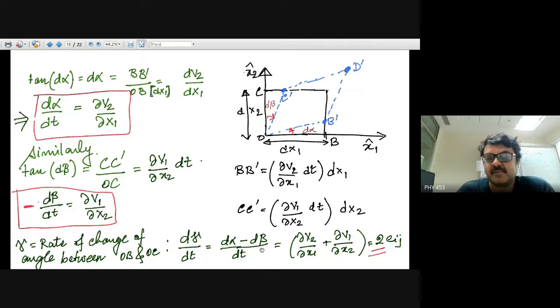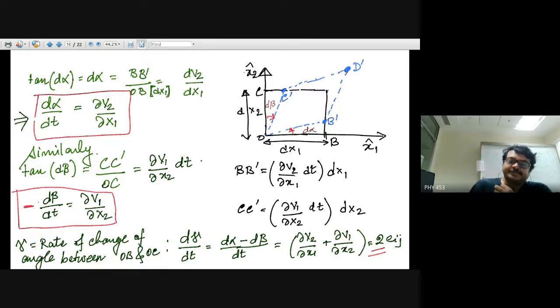So dα minus dβ in unit time, the rate of change of angle, and that can be written down as ∂v2/∂x1 plus ∂v1/∂x2, or equal to 2Eij, right? Because Eij basically comes with this formula but a half in front of it. And if you have just this, then you can just check the formula.